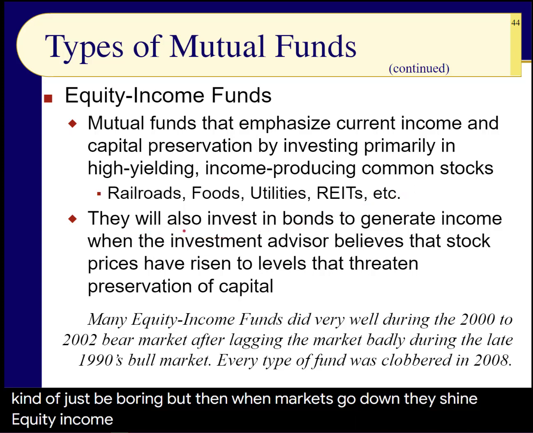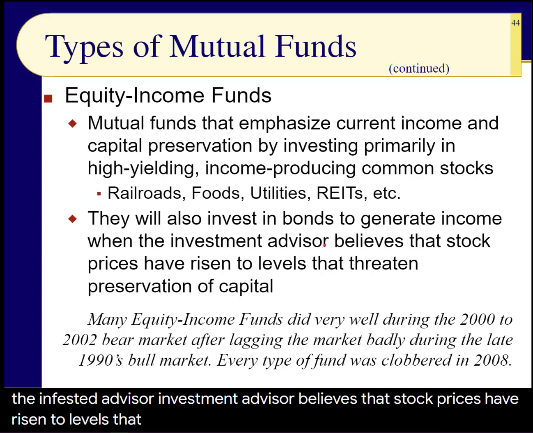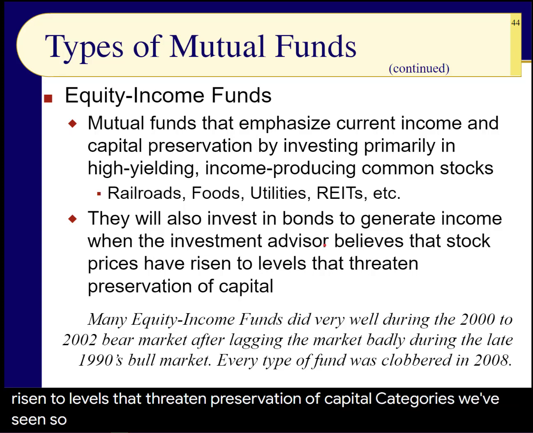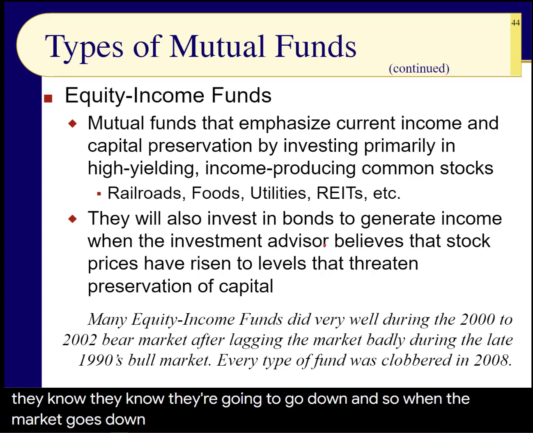Equity income funds will also invest in bonds to generate income when the investment advisor believes that stock prices have risen to levels that threaten preservation of capital. Notice that the first categories we've seen so far haven't said anything about preservation of capital, have they? No, they know they're going to go down. And so when the market goes down, they know they're going to go down.